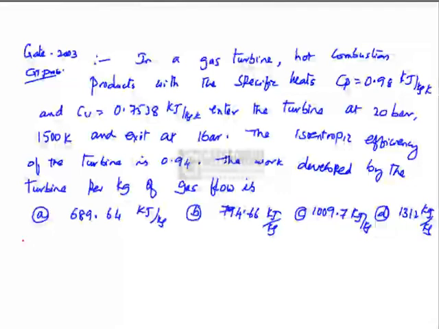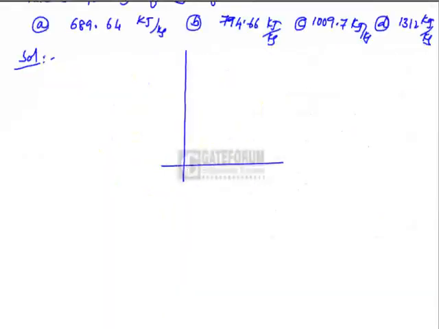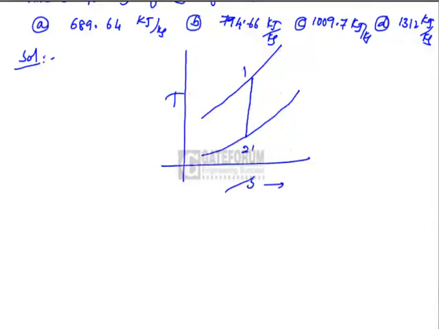The solution to this problem could be obtained by considering the expansion of the gases on the temperature entropy diagram. 1 to 2 dash is isentropic expansion of the gases, because it is a vertical straight line, or reversible adiabatic expansion of the gases in the turbine.